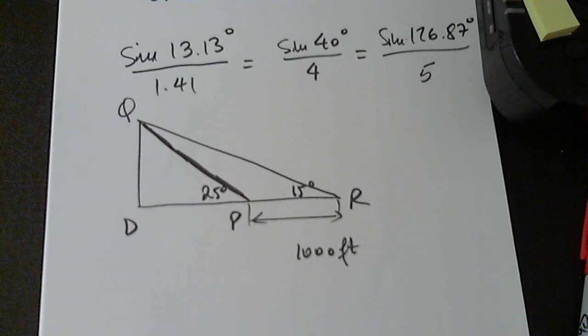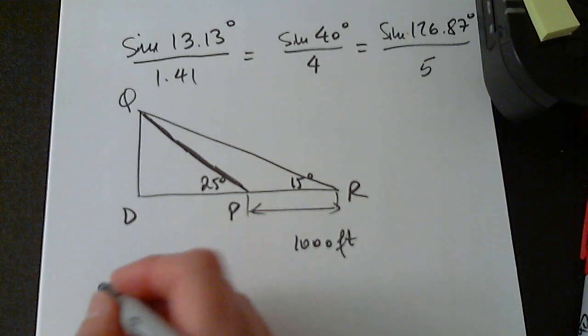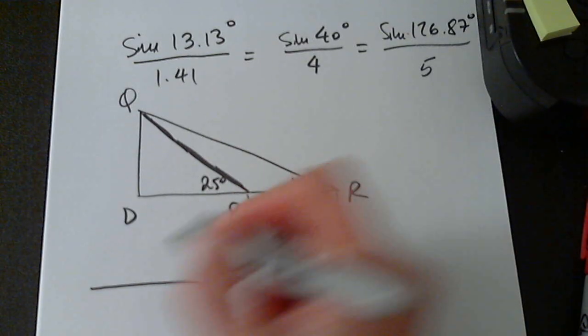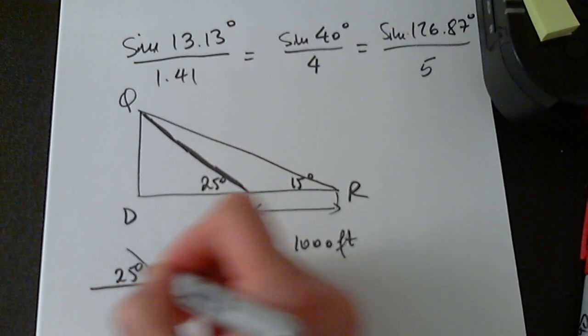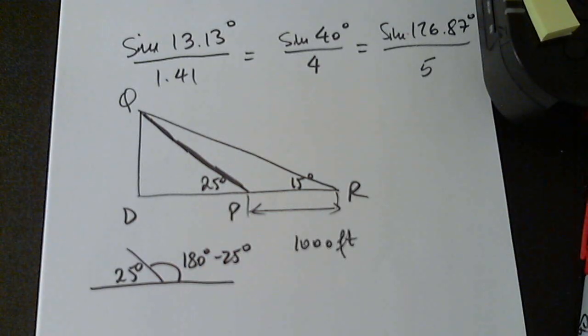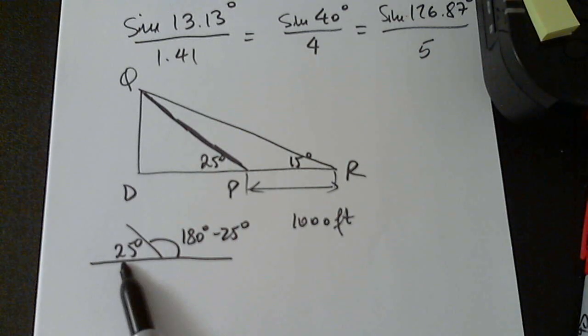Any ideas? Anyone? Any ideas about how to start? Always remember that if we have 180 degrees here, and if this is 25, of course this is 180 minus 25 degrees. You can always determine that because they are so-called supplementary angles.